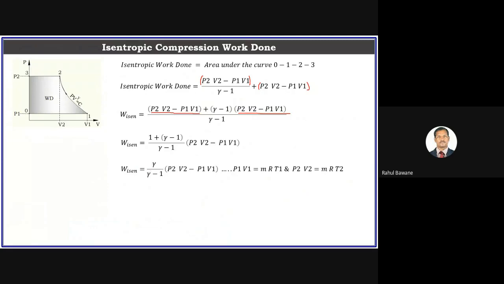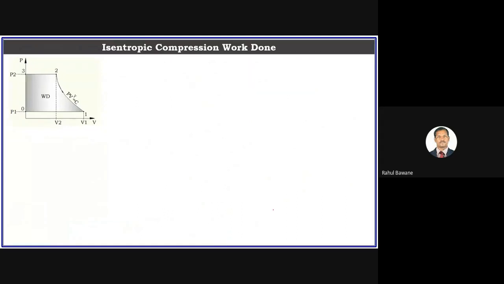Plus 1 minus 1 get cancelled, and finally we obtain gamma upon gamma minus 1 times P2 V2 minus P1 V1. If we know the values in terms of mRT, we can replace P1 V1 and P2 V2 by mRT terms. Now, in terms of mRT, if I take out mRT1 as a common, it will give a ratio of T2 upon T1 minus 1. So we have this equation.